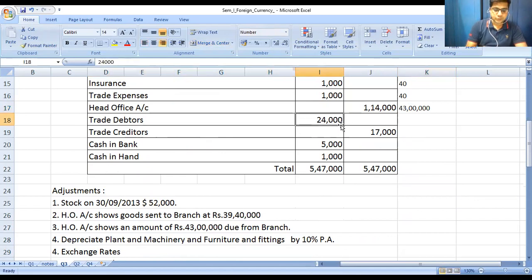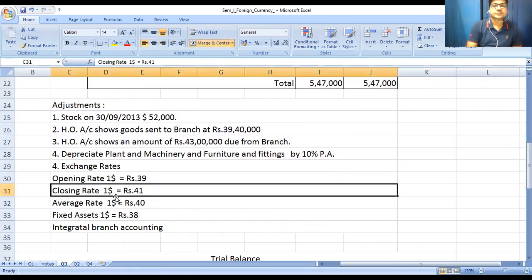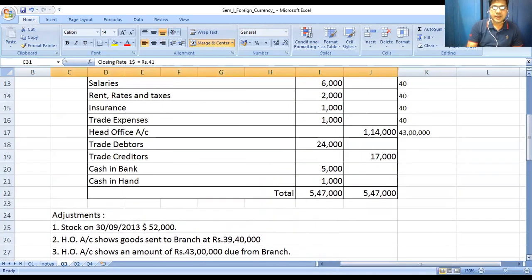Then trade debtors 24,000. Debtor is a balance sheet item. Whenever balance sheet items are there, we have to use closing rate, rupees 41 per dollar.